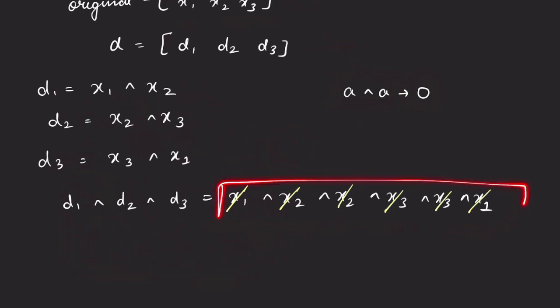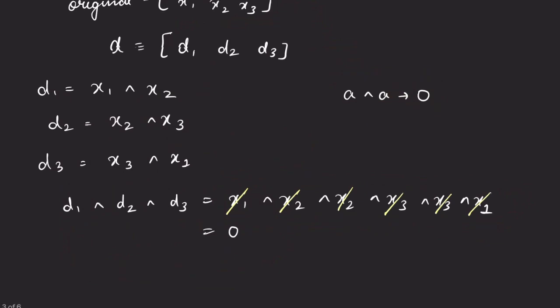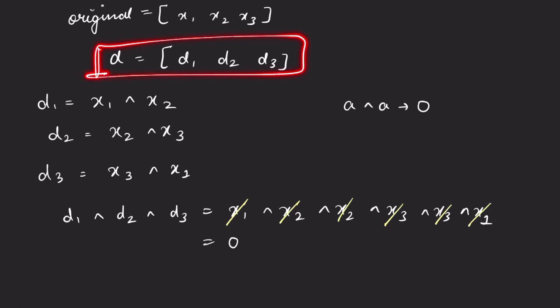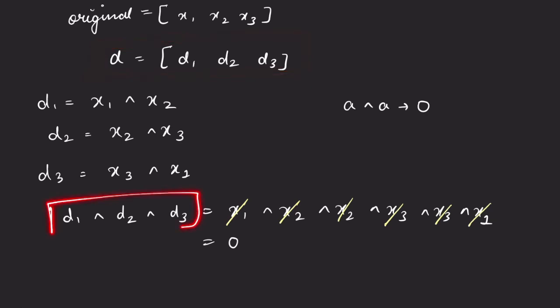So all the elements on the right have been cancelled, and we can say this will be equal to 0, right? So what we can simply check is that if the XOR of all the elements of the derived array given in the input is 0, then our answer is true. Otherwise, it is false. So this is also one of the possible ways for solving this problem.